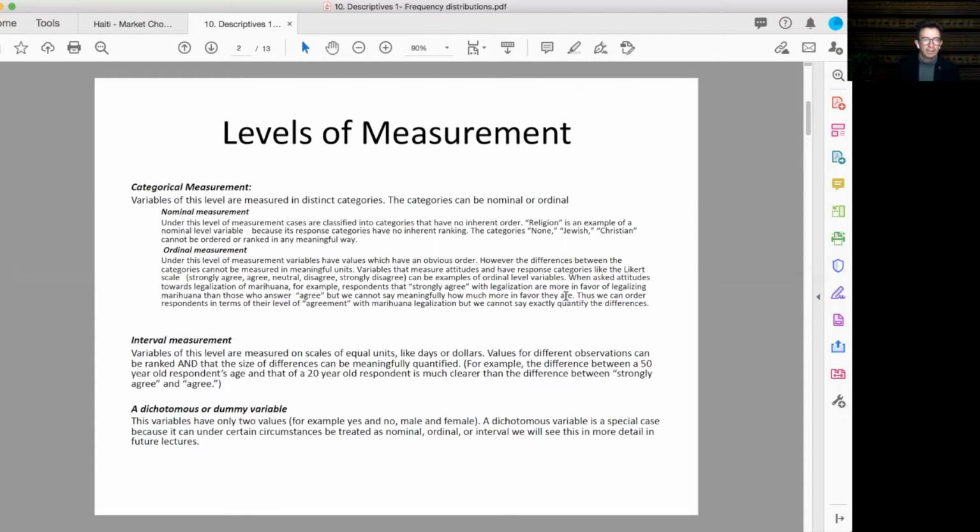Strongly agree is a little more than agree, and agree is a little more than neutral, and neutral is more than disagree, and disagree is more than strongly disagree, right? If we order them in terms of agreement. Others, most attitude variables, or even age in categories, or income in categories, those can be ordered, right?